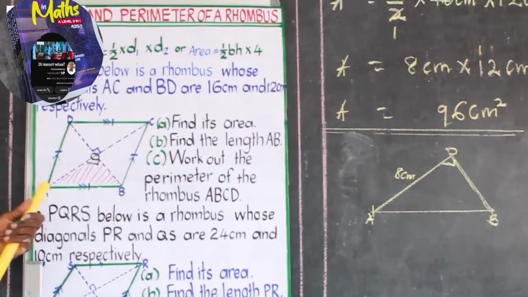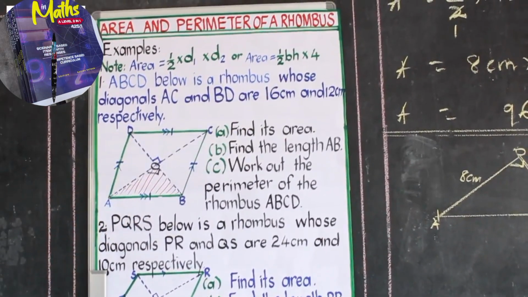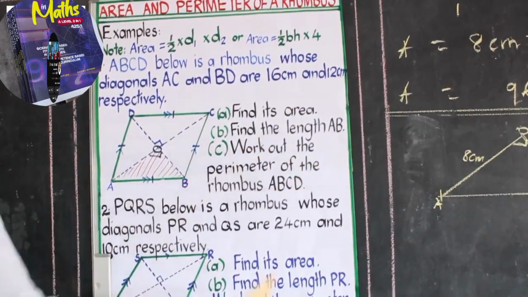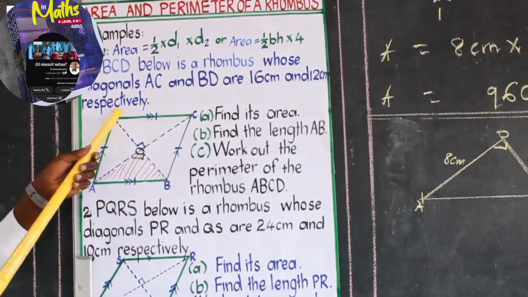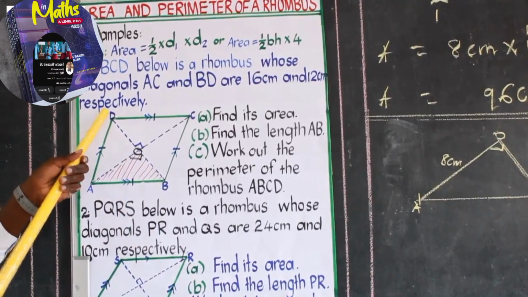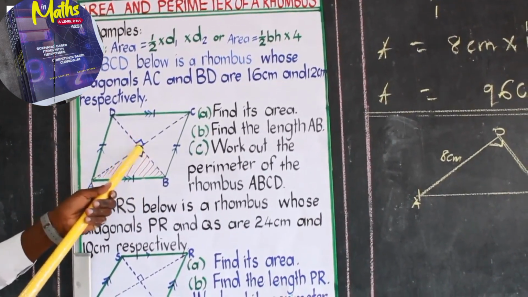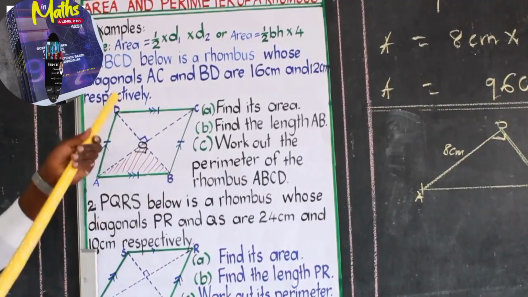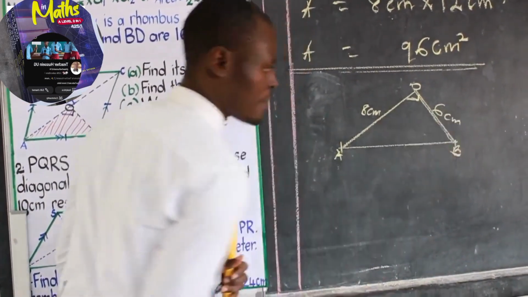Such that when you add 8 plus 8, you'll go back to 16, which is our major diagonal. Now we need OB. We've seen that the minor diagonal BD is 12 centimeters. So a half of this will be 6, meaning that from B to O is 6, and O to D is 6, a total of 12. So we have our 6 centimeters there.